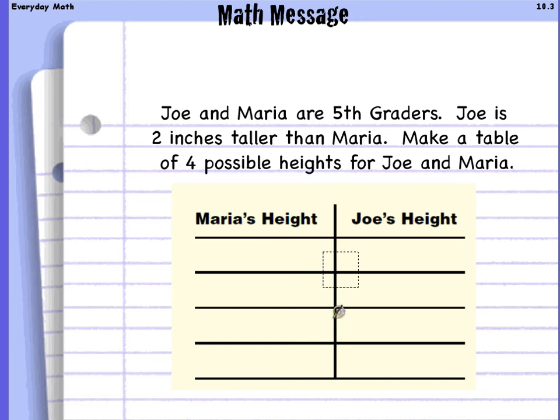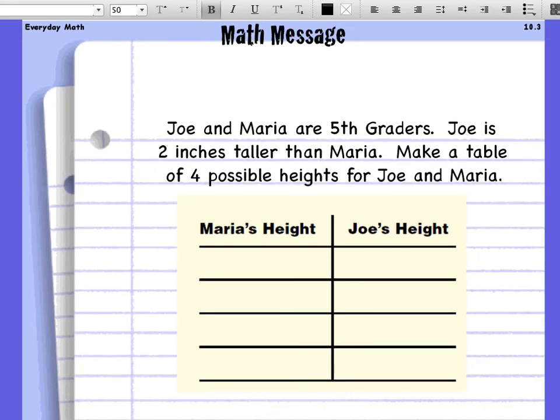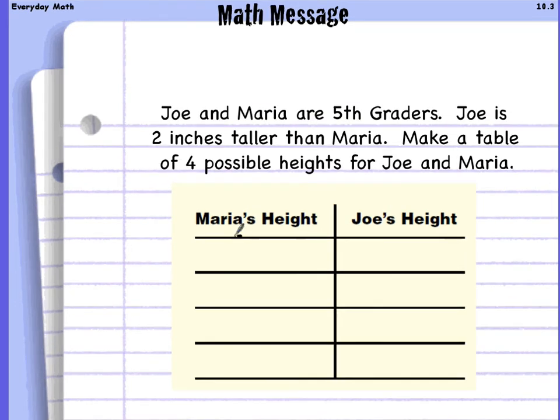So if you take a look, it looks like we kind of have an input-output, which you've been working on in your math journals a little bit this past unit. So if I said that Maria was 62 inches, then that would mean, so she was 62.